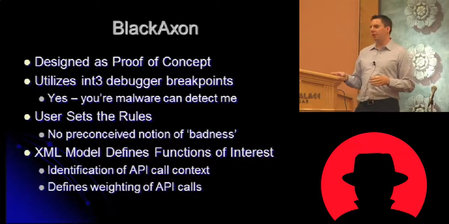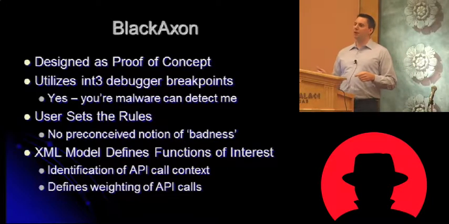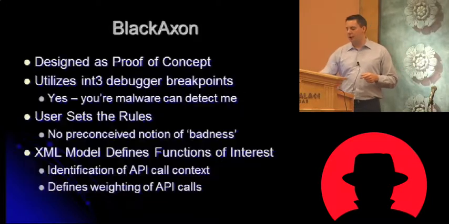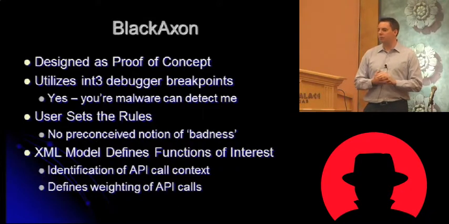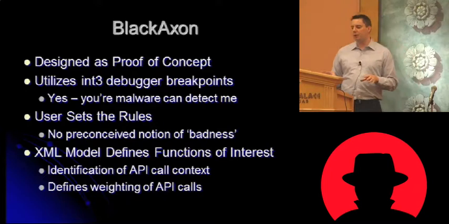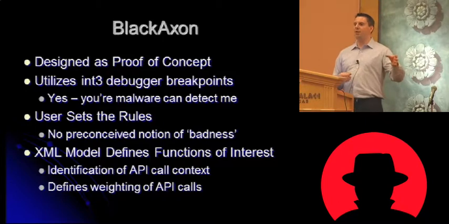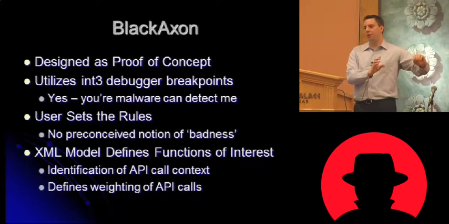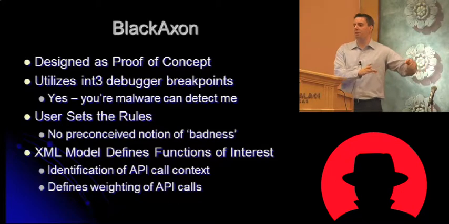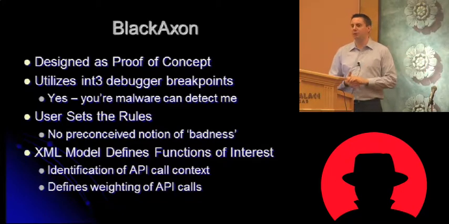One of the important concepts of this, though, is that the user sets the rules. I'm a strong believer that different end users are interested in being able to identify different attributes in different malware. So for example, a defense intelligence agency might be more interested in spotting certain attributes in malware that they know are associated with an organization they're interested in, such as a Chinese nation-state sponsored organization.